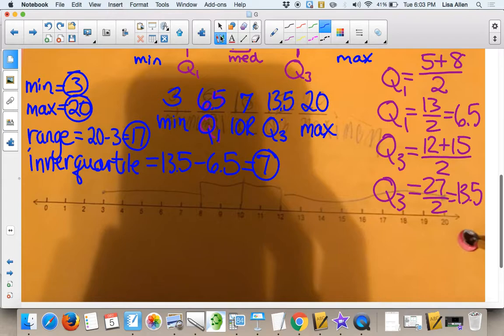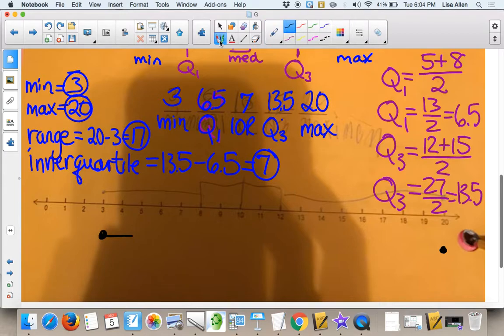Okay, you have it right with your minimum value of 3. Your maximum value is 20. And you draw a straight line to where you have your quartile 1. I'm going to mark the quartile 1 here.